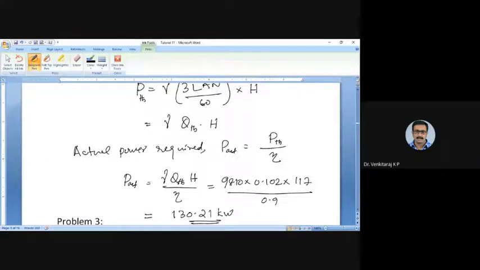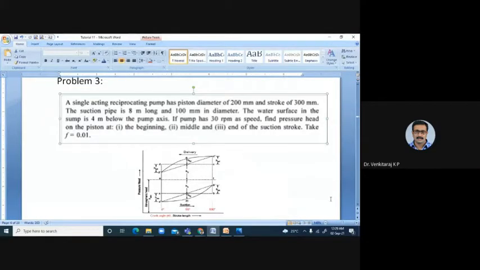Now let us move on to problem number 3. Let us do one more problem on reciprocating pump. A single acting reciprocating pump has piston diameter 200 mm with stroke of 300 mm. The suction pipe is 8 meter long and 100 mm in diameter.